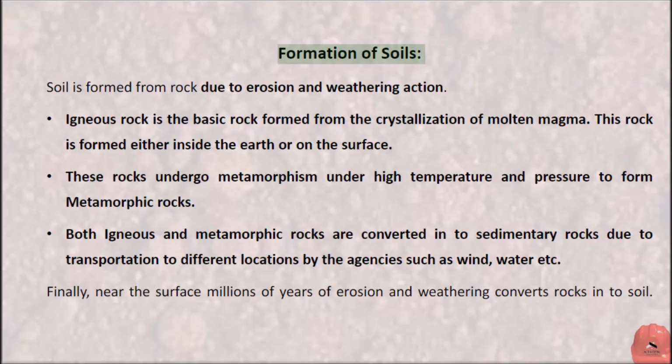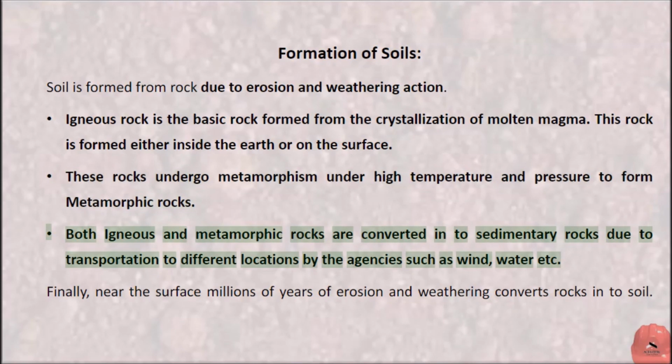Formation of soils. Soil is formed from rock due to erosion and weathering action. Igneous rock is the basic rock formed from the crystallization of molten magma. This rock is formed either inside the earth or on the surface. These rocks undergo metamorphism under high temperature and pressure to form metamorphic rocks.